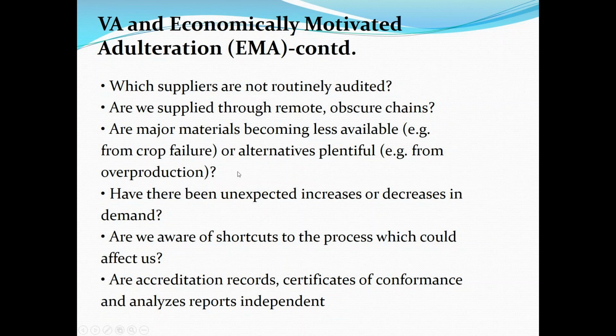Or you may have a plentiful supply of some material, available aplenty because of overproduction. So you should ask such questions. Has there been any increase or decrease in demand? I have given on this slide, and also in the previous slide, a few questions that you should ask as a member of the VASP team.